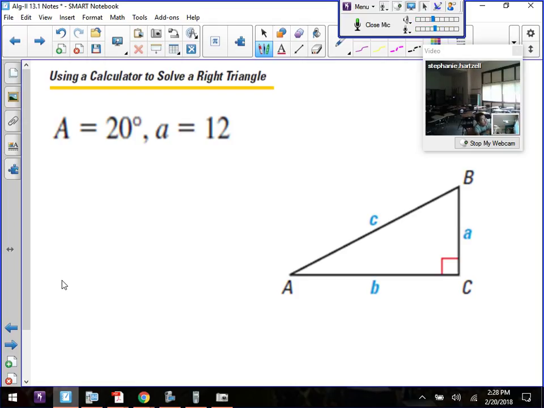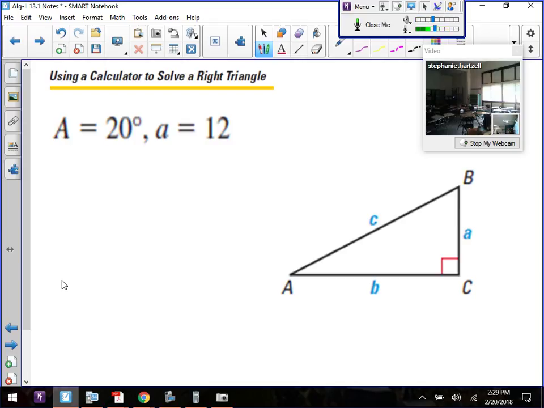Now, sometimes it'll say triangle ABC is a right triangle. If it's the middle letter, that's usually what they deem being the right angle. Sometimes they'll give you a diagram and say, here's angle A, here's side A, here's angle B, here's side B, whatever. When you're solving a triangle, all you need is one side and one angle, or two angles, or two sides and no angles, because you can work your way through everything.